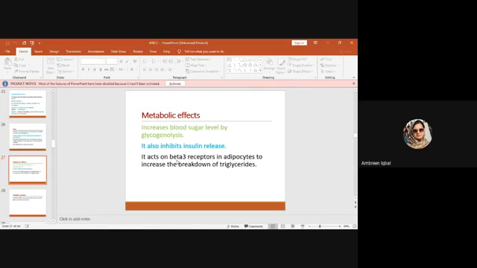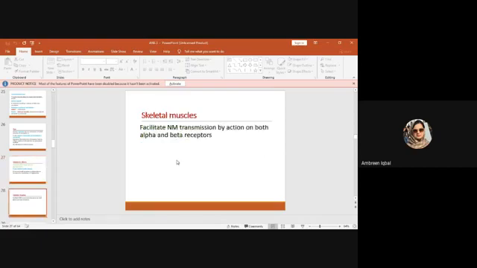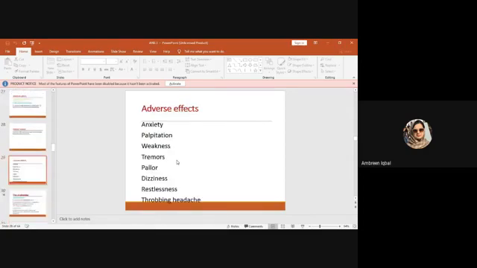And then we have also discussed the eye. The last one is skeletal muscles. Adrenergic drugs also facilitate neuromuscular transmission by the action of both alpha and beta receptors. They have a few adverse effects like anxiety, palpitation, weakness, tremors, pallor, dizziness, restlessness, and especially throbbing headache.